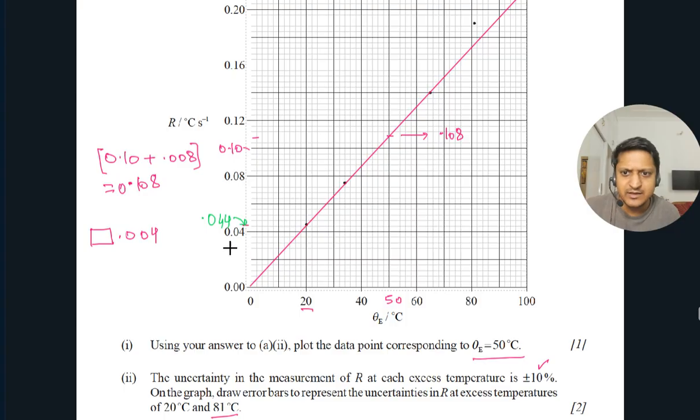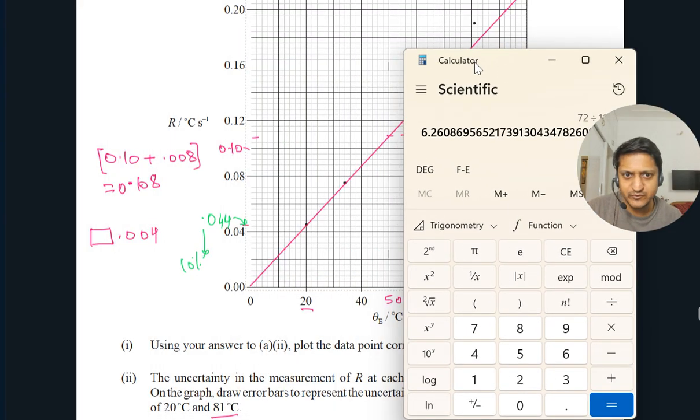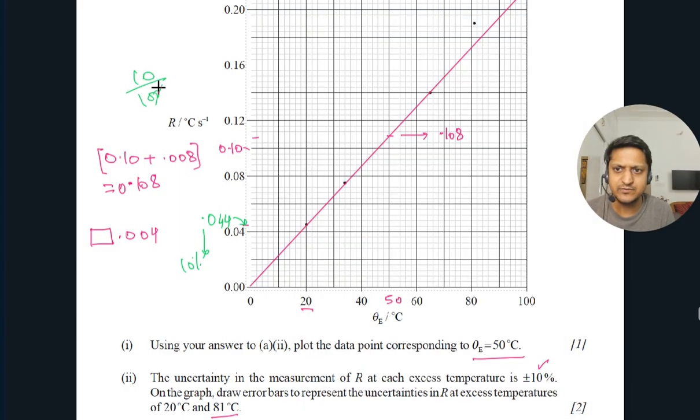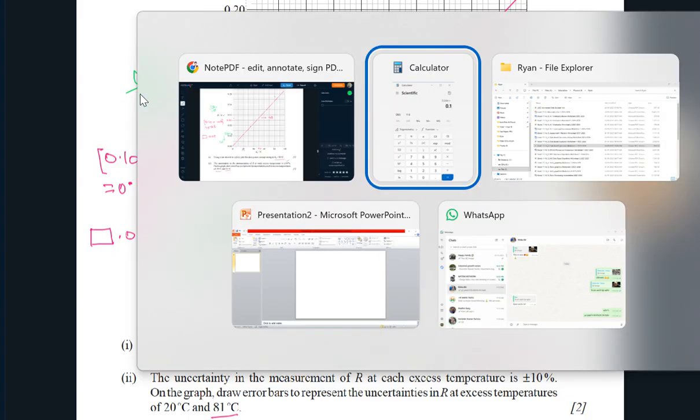And 10% of this would be the error. So what will be 10% of this? You can use a calculator if you are a little confused. 0.044 into 0.1. 0.1 is 10%, as 10 by 100 is 10%.